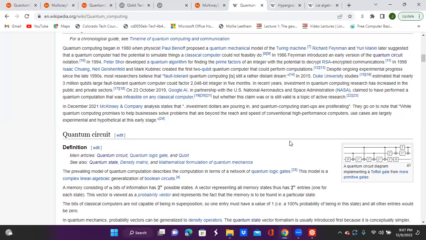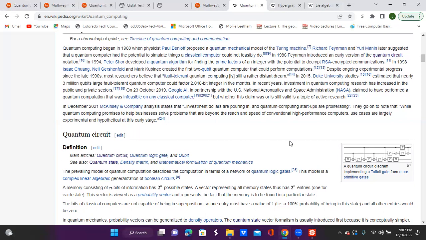Despite ongoing experimental progress since the 1990s, most researchers believe that fault-tolerant quantum computing is still a rather distant dream. Duke University studies estimated that a nearly 3 million qubit large fault-tolerant quantum computer could factor a 2048-bit integer in 5 months.